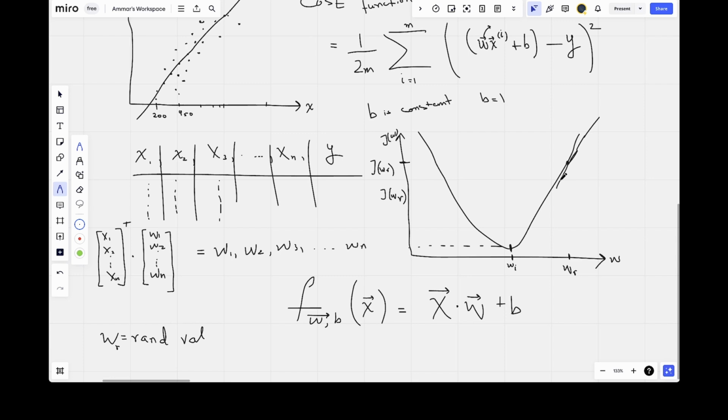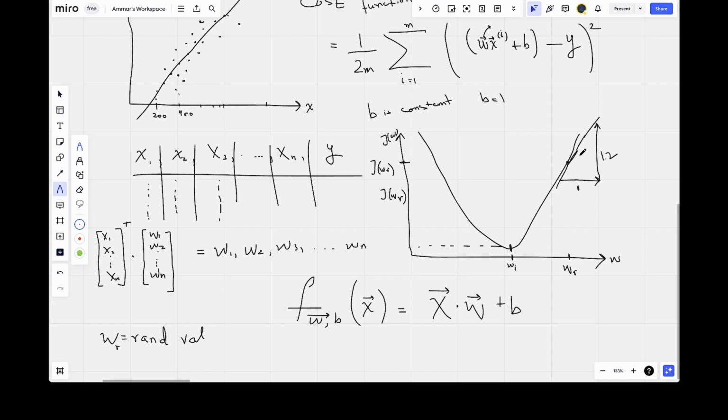What that means is, if I nudge the value of w just a little bit in the positive direction, let's say by a magnitude of 1, how much does j increase? Let's say in this case j increases by about 1.2 or something.